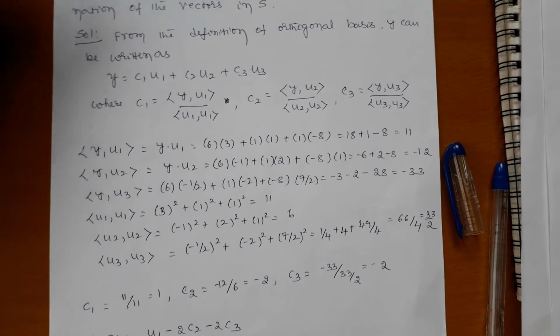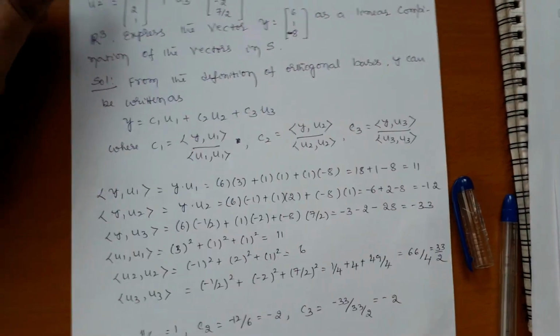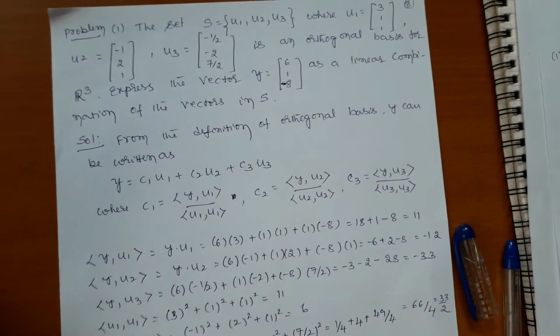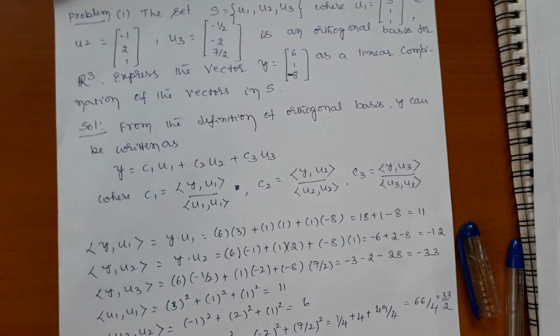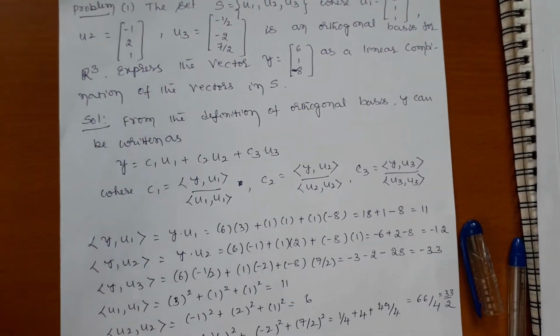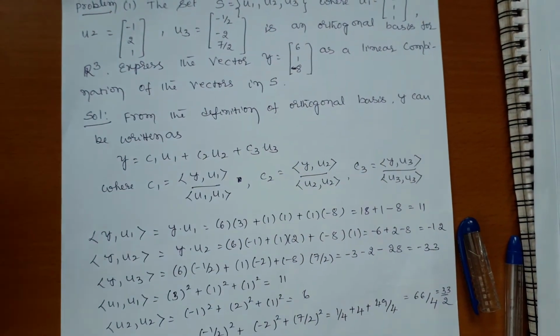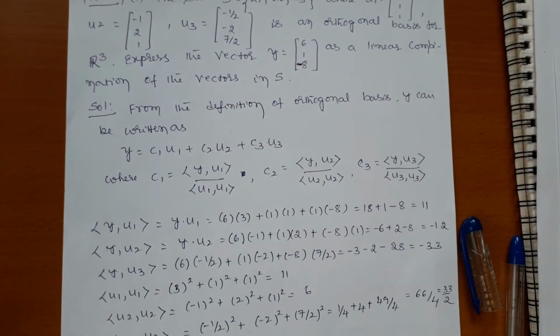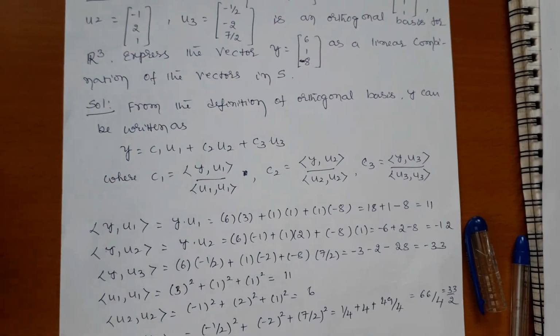The new topic is orthogonal projection. Before listening to the next video, I'm requesting everyone to recall and refresh the definition of inner product space, norm, and distance between two vectors u and v, and orthogonal set.